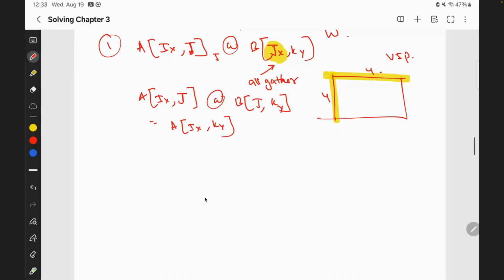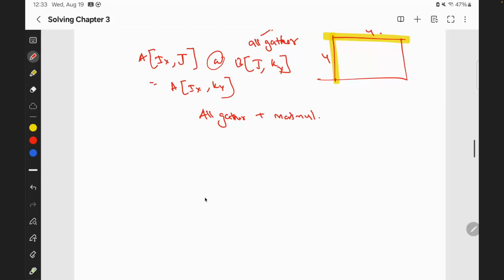So the entire thing is you need to do an all gather followed by a matmul. That's what you have to do, all gather and then a matmul.